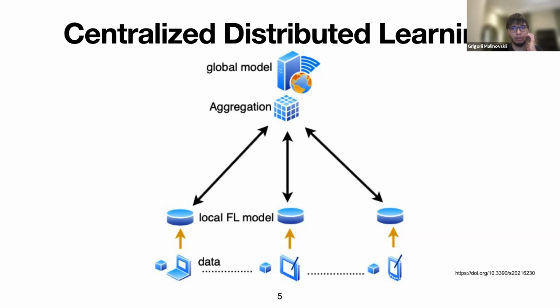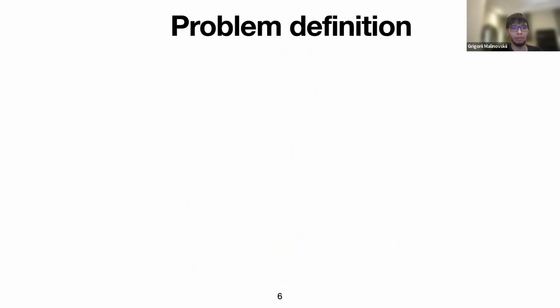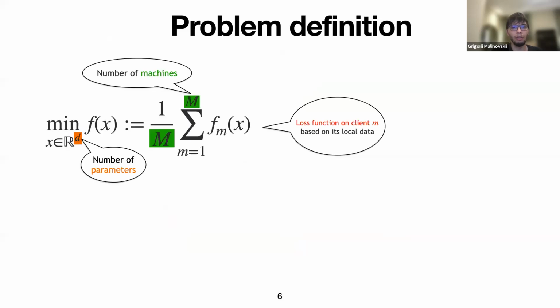Let us consider the mathematical formulation. Our goal is to solve a finite-sum minimization problem, which is a basic problem for empirical risk minimization. Here M is the number of machines or clients, d is the dimension of our problem, and f_m is a local loss function.